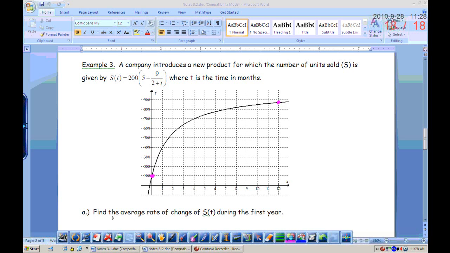So the average rate of change would be S of 12 minus S of 0 over 12 minus 0, or just 12. That's just the slope formula between your two endpoints. Okay, find that slope. All right, you should have gotten 64.286.